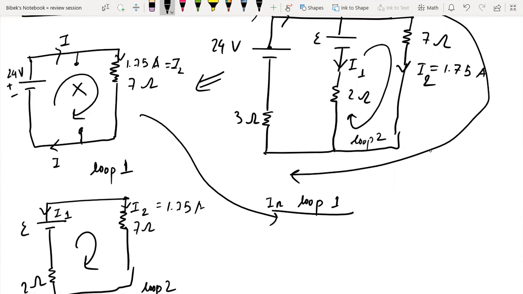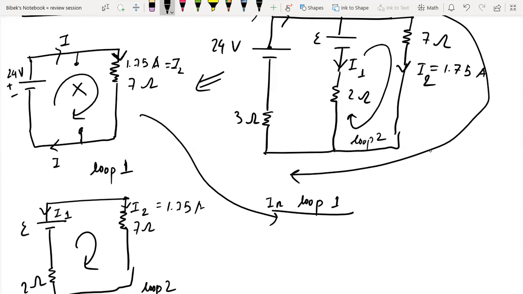And there will be a voltage drop across this resistor. Since current is flowing in the same direction as the loop is moving, it will be a negative, okay? If your loop is moving in the same direction, and the current is moving in the same direction with the loop, then in that case, you have to take the voltage drop across this resistor to be negative.